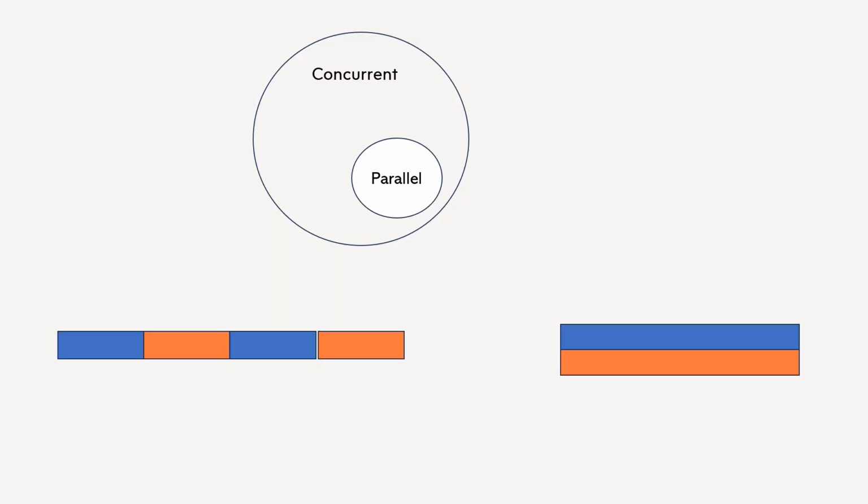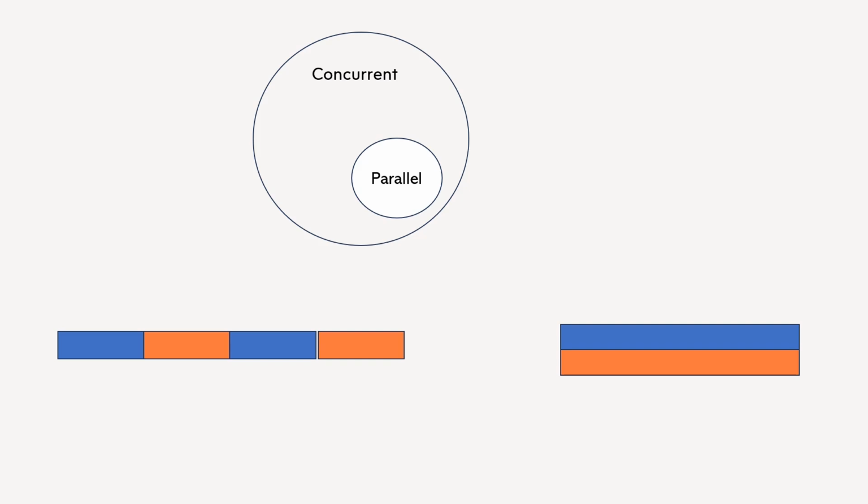Sometimes we feel that parallelism and concurrency are two different concepts. There is definitely a difference, but whenever a task is parallel, it can be concurrent as well, but vice versa may not be true, right?